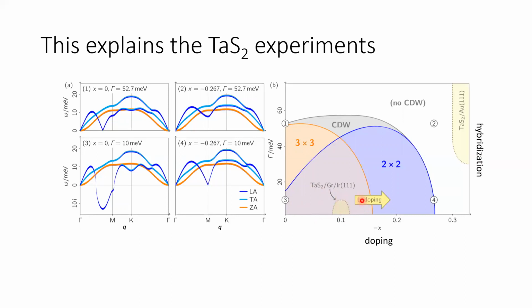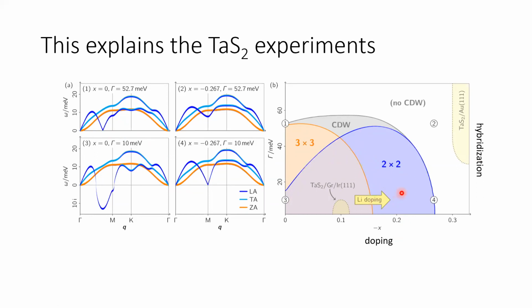And this would mean that you are moving to the right in this phase diagram towards 0.4 here. And at 0.4 is where the charge density wave also ends. But we see that 0.4 and 0.1 are different in the sense that the Q vector of the charge density wave changes. So in this region here, there are only 2x2 charge density waves.